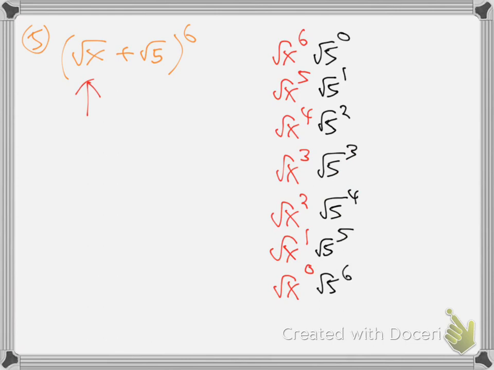Either way you want to do it. You can always double check. The 2 powers like 1 and 5 always add up to be the 6 total. 2 and 4, 6, 3 and 3 is 6, 4 and 2 is 6. It's a good double check. The powers should add up to be the total power on the binomial. They always will.